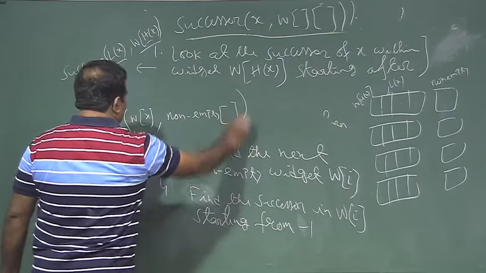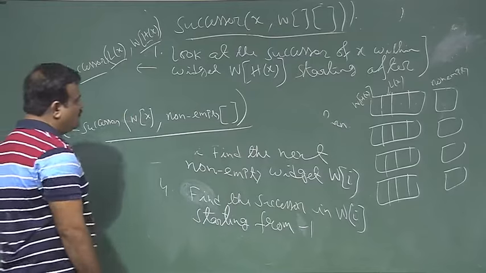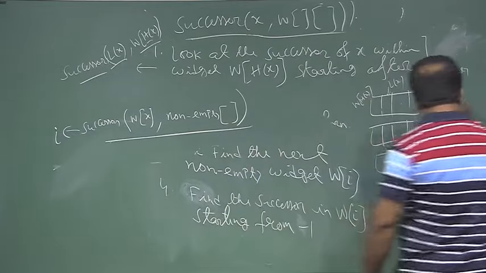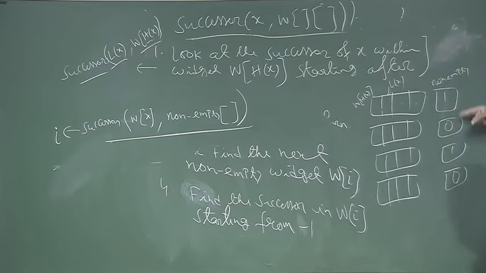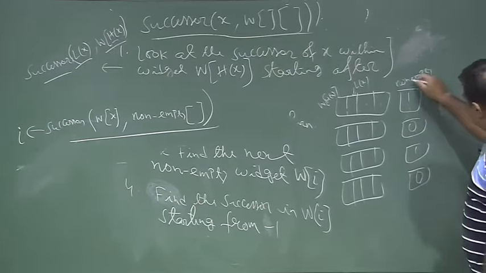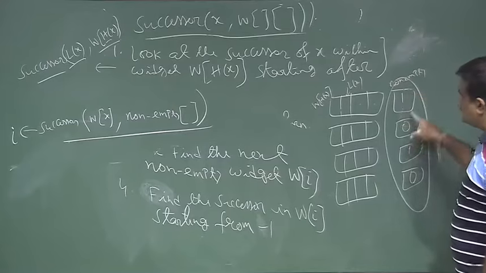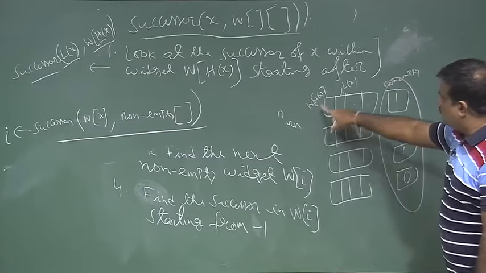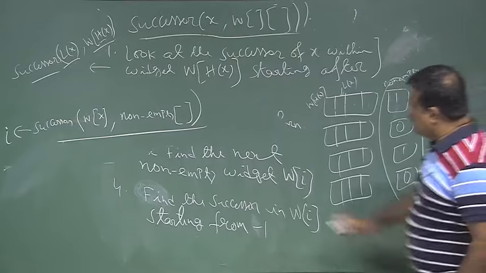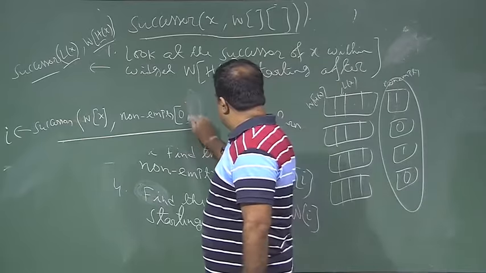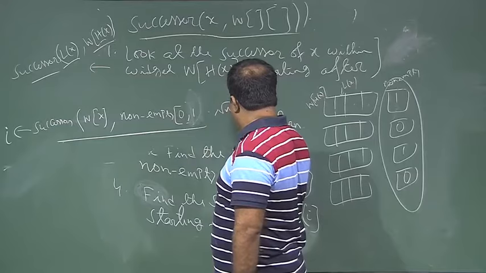This is a successor call, because here we have some ones, some zeros like this, and we are looking for the next 1 in this array. This is an array of size square root of u, indexed 0, 1 up to square root of u minus 1.